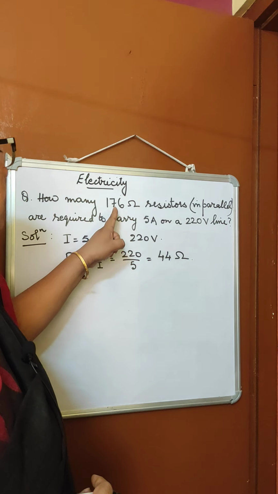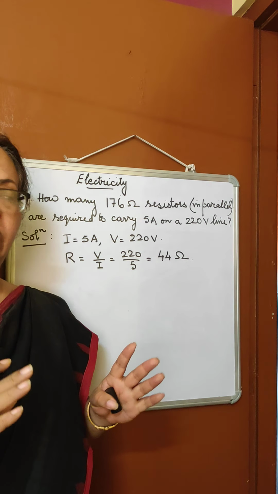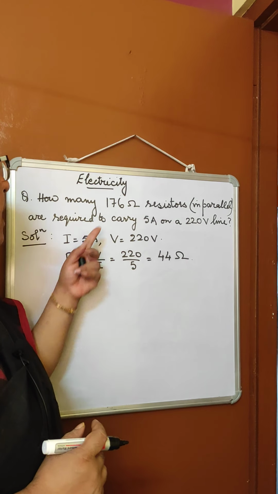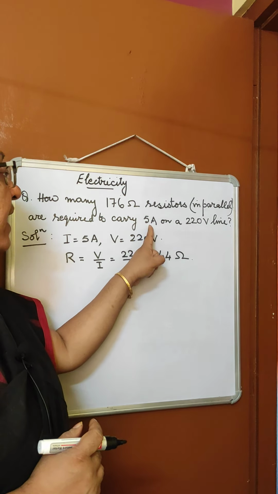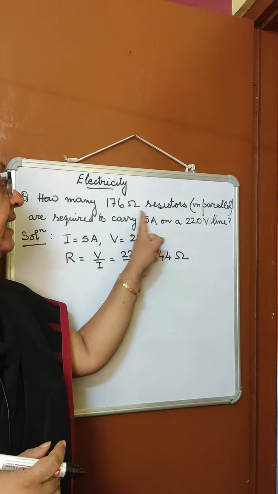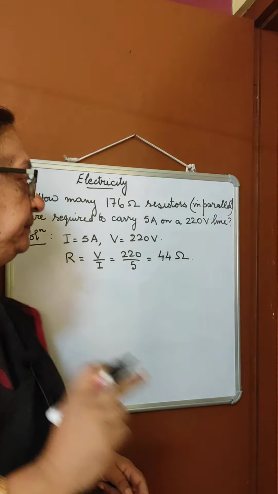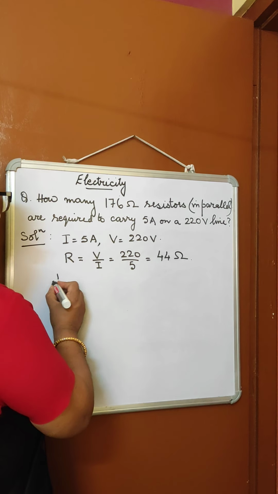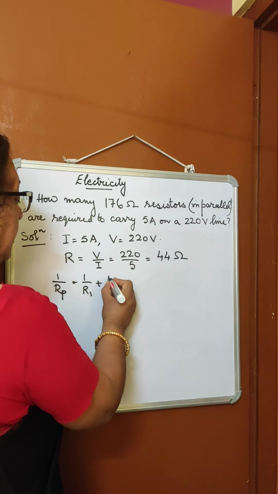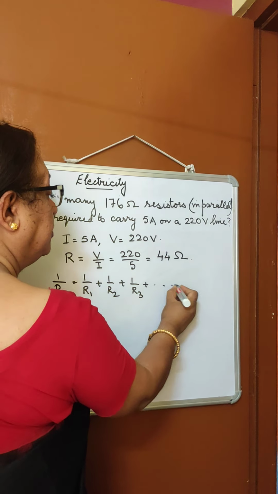Now there are many 176 ohm resistors, and they are connected in parallel. So how many can there be if there is 5 ampere current on a 220 volt line with resistance 44 ohm? Now since they are connected in parallel, you know the relation for parallel combination of resistors, 1 by R equals 1 by R1 plus 1 by R2 plus 1 by R3 and so on.